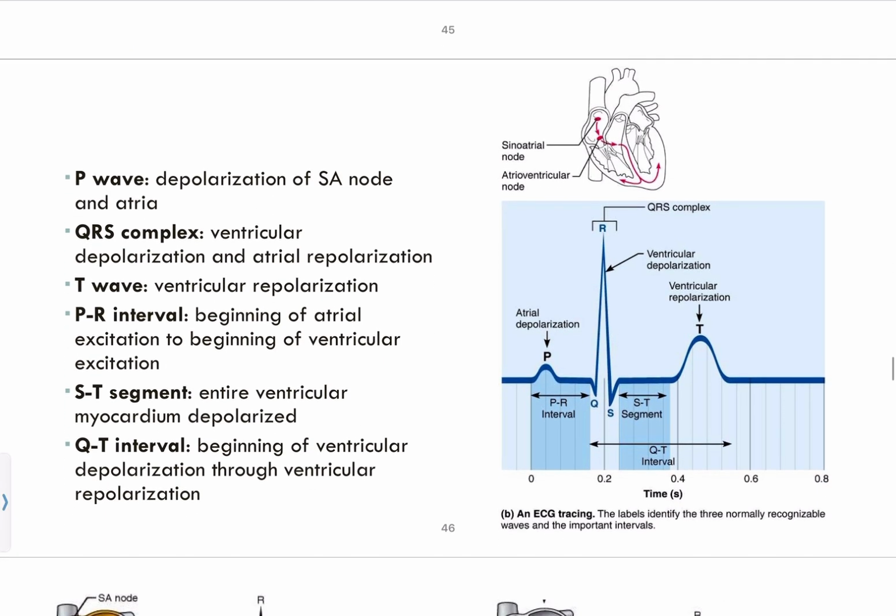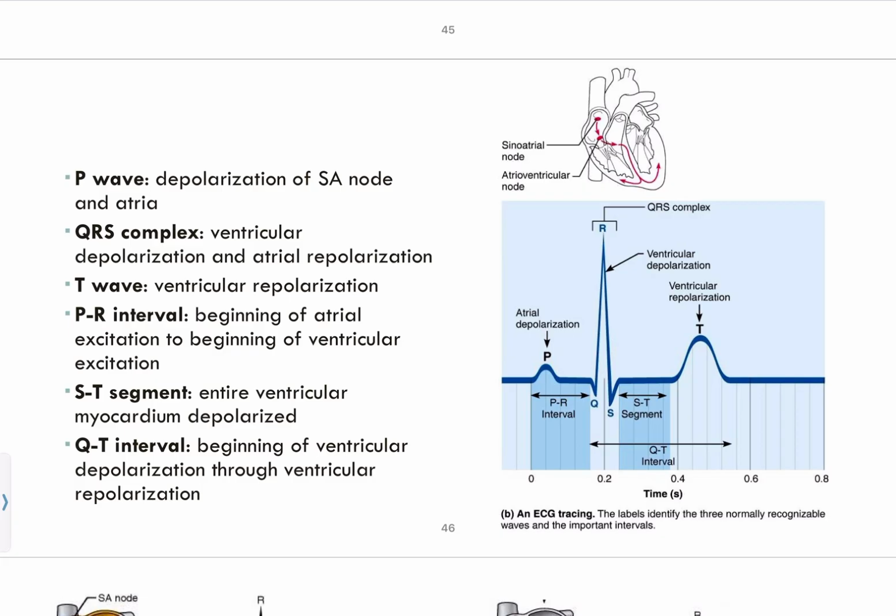So an EKG tracing is made up of several key components. You should recognize what all of these mean, so maybe make flashcards. The P wave is going to represent the depolarization of the SA node and the atria, marking the beginning of the heartbeat.